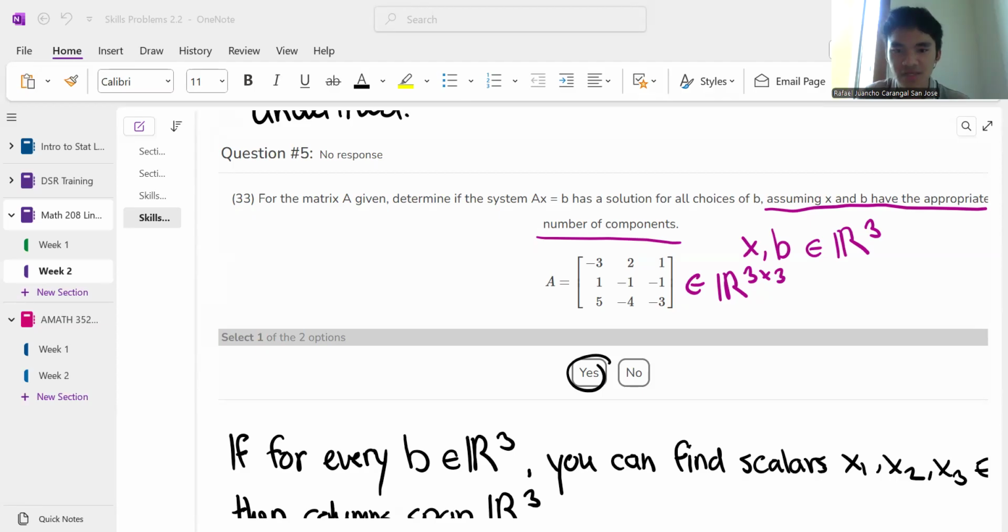I'm just reading what AI is telling me. Apparently it doesn't.